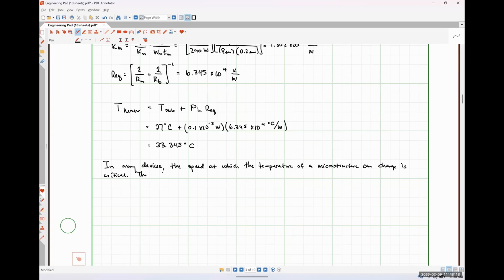So the thermal resistance influences the response speed of a thermal actuator.